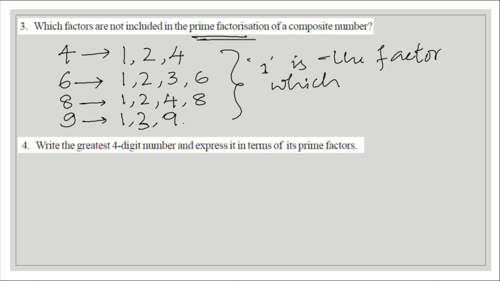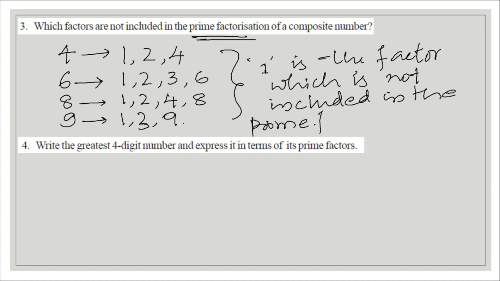Whenever we consider the prime factorization, 1 is the factor which is not included in the prime factorization. We always write 4 as the product of 2 square, 6 as the product of 2 and 3.